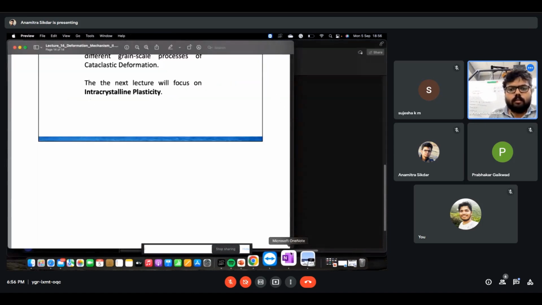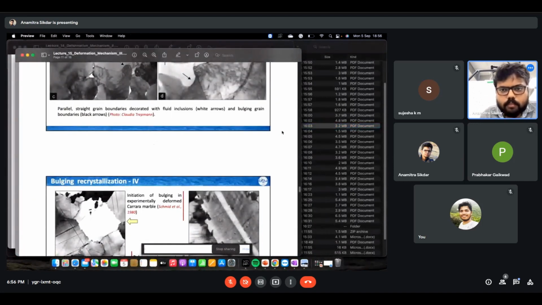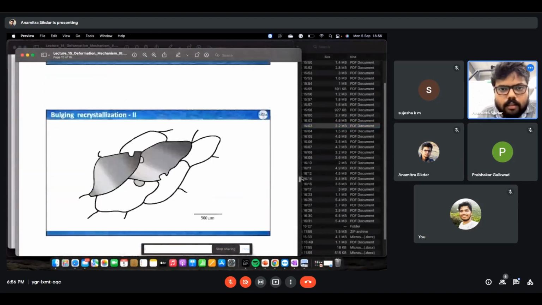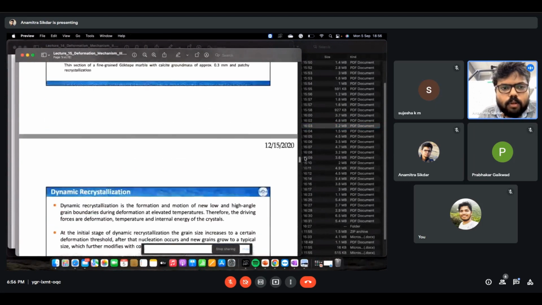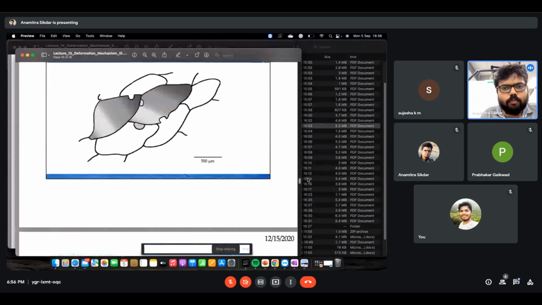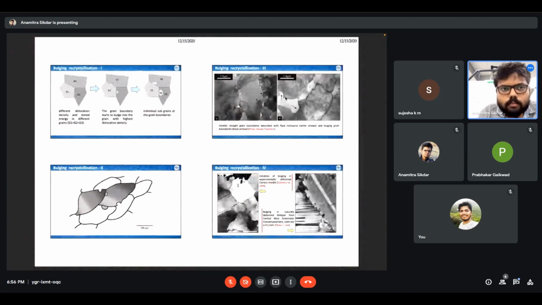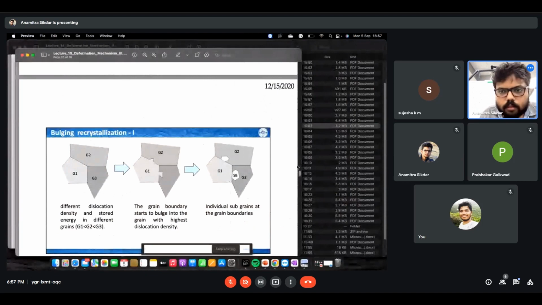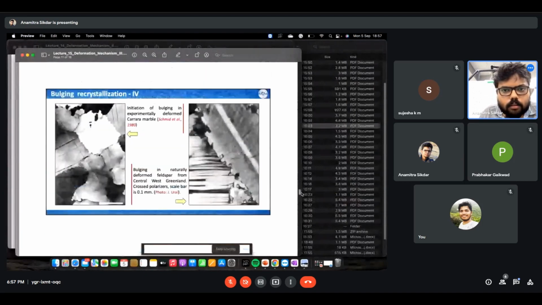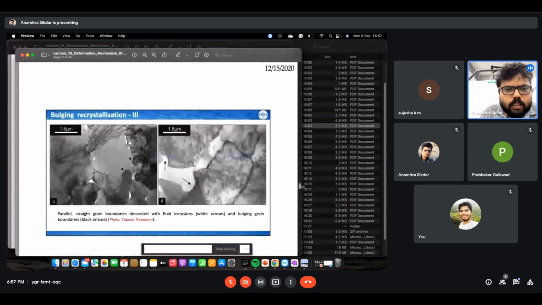Initially, the grains will form some kind of bulge. Can you see the bulge here?